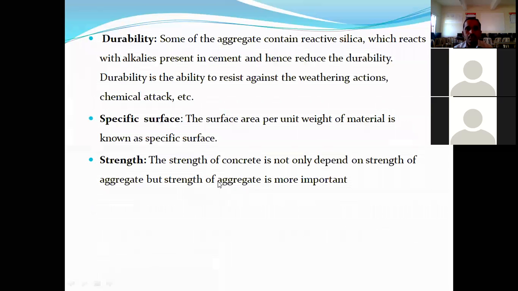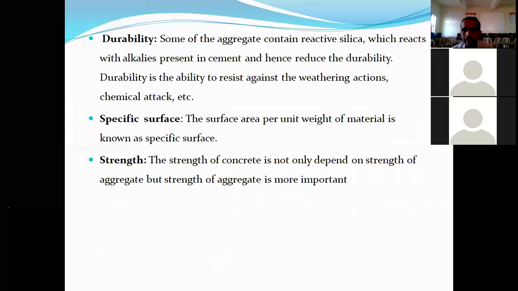Next is durability. Some aggregate contains various types of elements or chemical compositions, and they will affect the durability of the concrete. Also, the durability of the aggregates depends upon the resistance of the aggregate to weathering conditions and various chemical attacks.